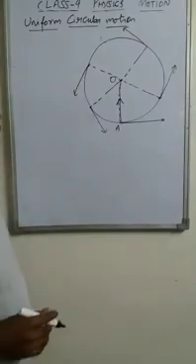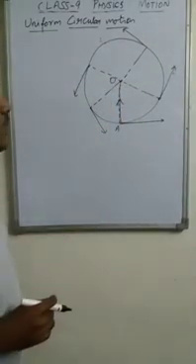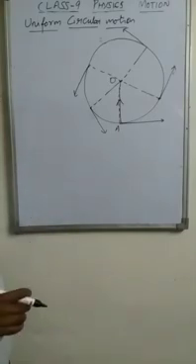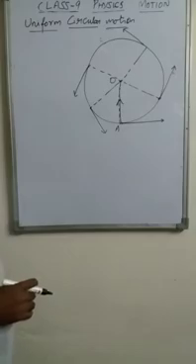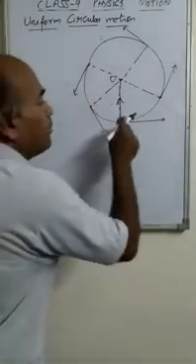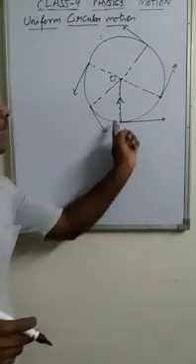So at every instant, in between we can take many points. At every instant its direction is changing. And that direction of motion at any particular instant is along this direction.